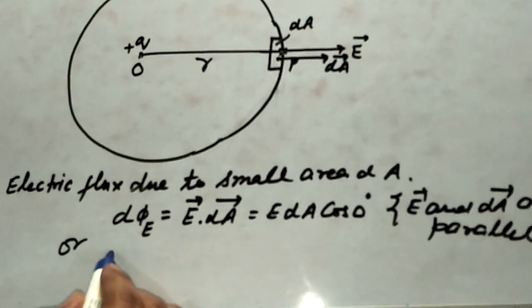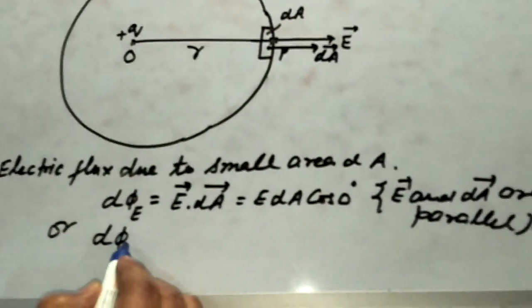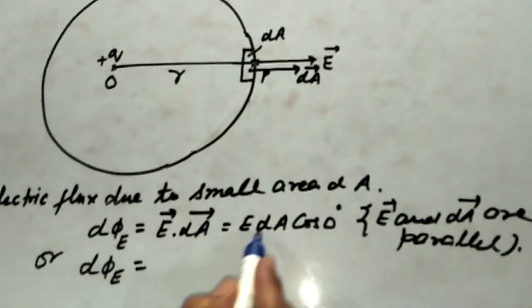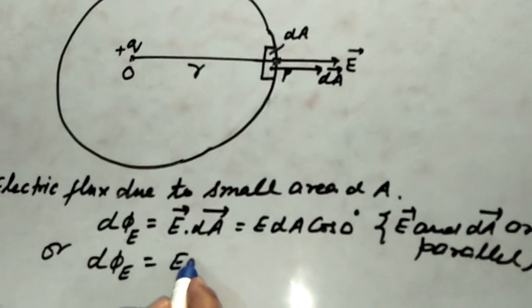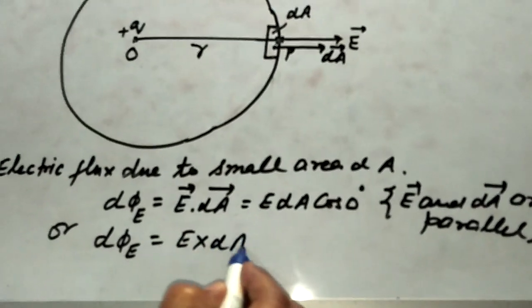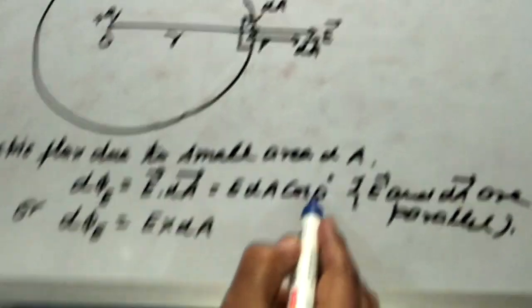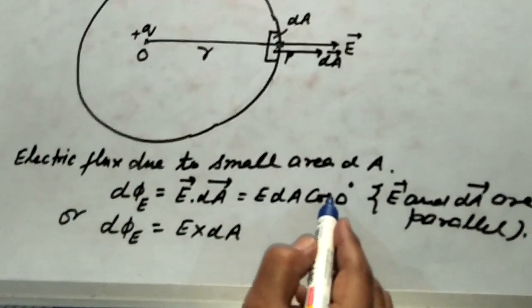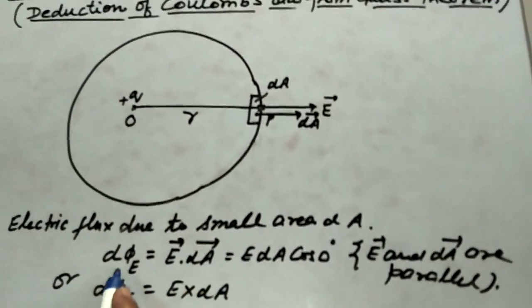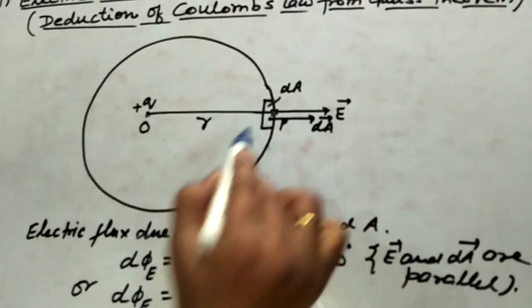Or d phi E is equal to E into dA. As you know, cos 0 is equal to 1, and in this way you can find the electric flux through this small area.